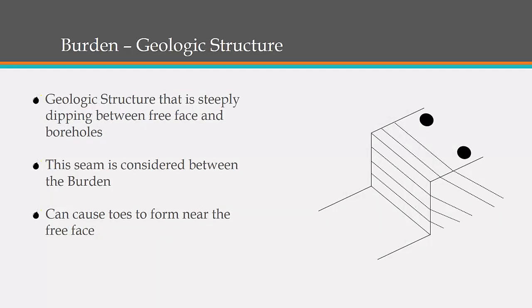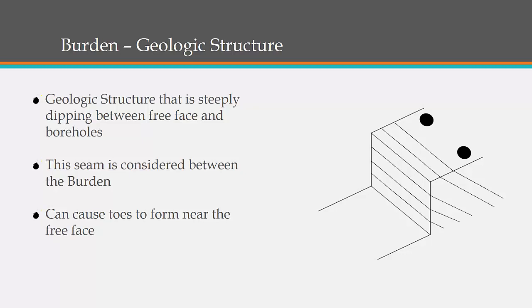The next type of situation that affects the burden of the blast will be geologic structure. Now this can be jointing or bedding planes that are going to be steeply dipping between the free face and the boreholes. In this example here, we see these joints dipping back out of the face into the formation. This is going to cause tows, especially towards the front of the blast by the free face, because those areas are not getting as much explosive energy and the radial cracking may not be moving through them as well.